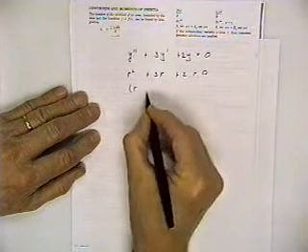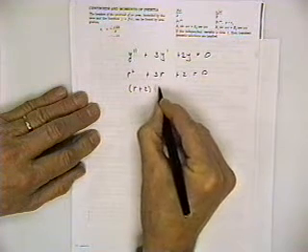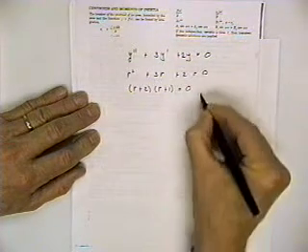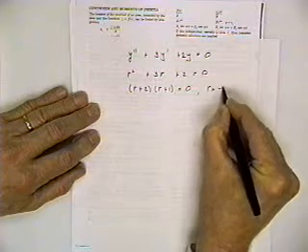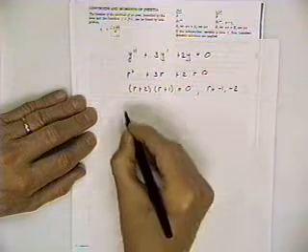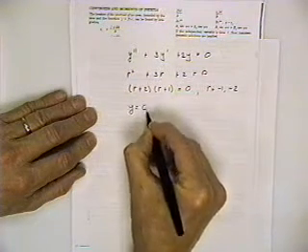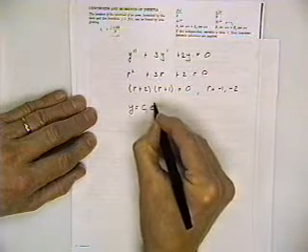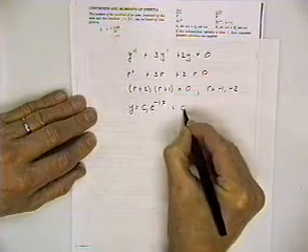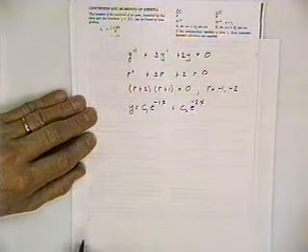It factors into r plus 2 times r plus 1 equals 0. And it gives me the results r equals minus 1 and minus 2. The solution to the differential equation is y equals a constant c1 e to the minus 1x plus c2 e to the minus 2x. Okay?